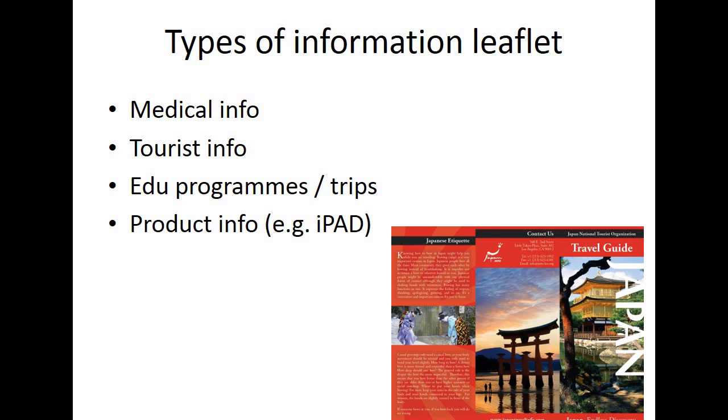Educational programs, trips, product information, like for example, if you want to buy an iPad, I mean, of course you can Google it, but if you want to know more about the product itself, they can give you an information leaflet.